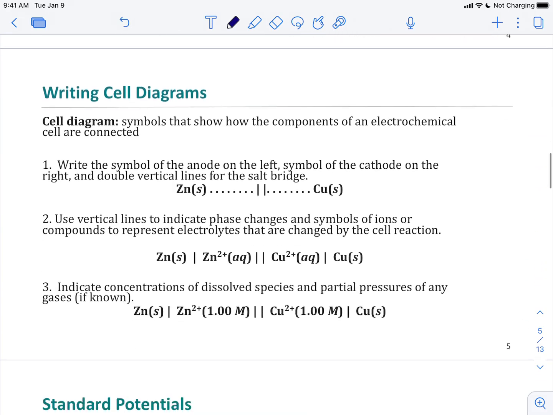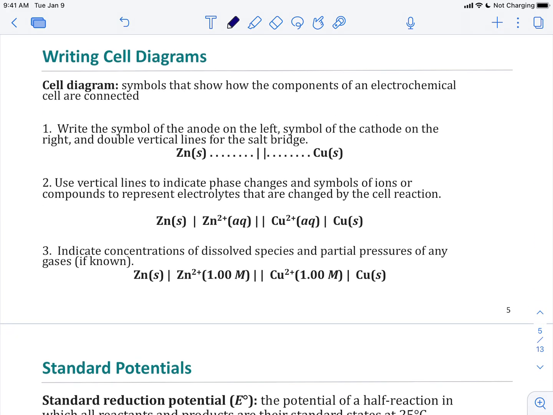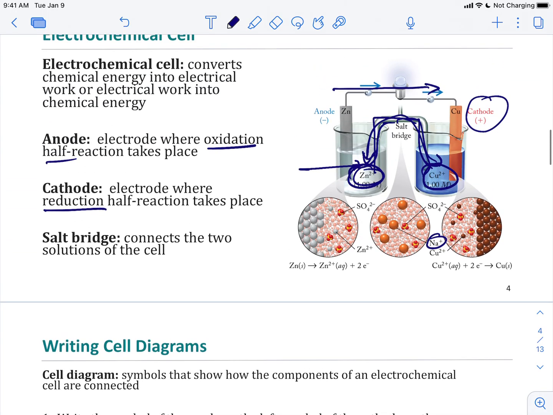Now, there's a notation that's used for writing these cell diagrams. And what you always do is you write the oxidation on the left. So you notice we have zinc on the left, copper on the right. The double line represents our salt bridge. The single line is a phase boundary. That's telling us we have zinc solid, which is a solid phase, and then we have zinc ions in solution, a 1 molar solution.